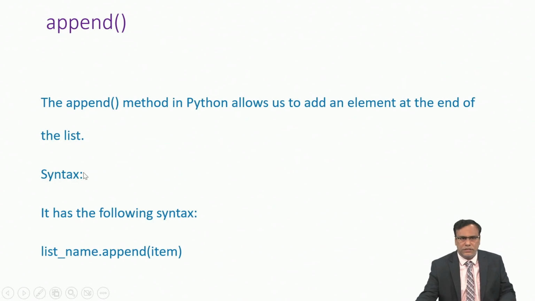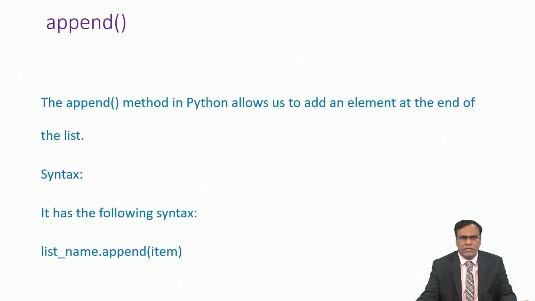In order to use the append function, first of all you are supposed to create some list. So let us first create a list, and then we use this function on it. Coming to the syntax of the append method in Python, it looks as follows. To whatever list you want to append some item, at first you use the name of that list.